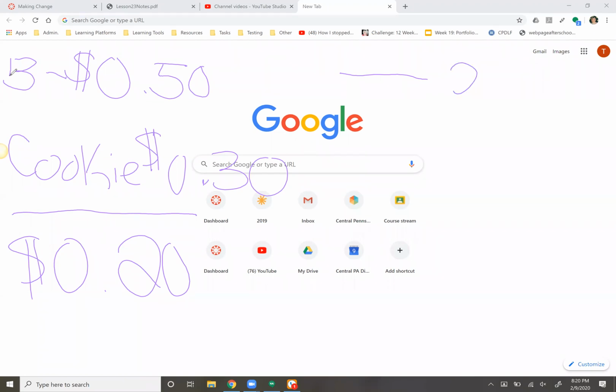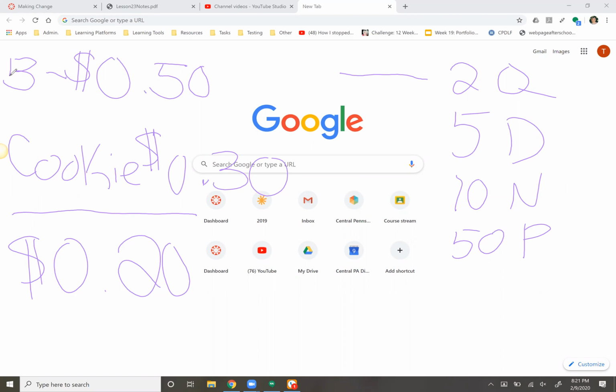Well, that could be 2 quarters. That's 25 plus 25 to get 50. That could be 5 dimes. That's 10 plus 10 plus 10 plus 10 plus 10. That could be 10 nickels. 5 plus 5 plus 5 plus 5 plus 5, 10 times. Or that could be 50 pennies. So any combination, or we could mix it up.